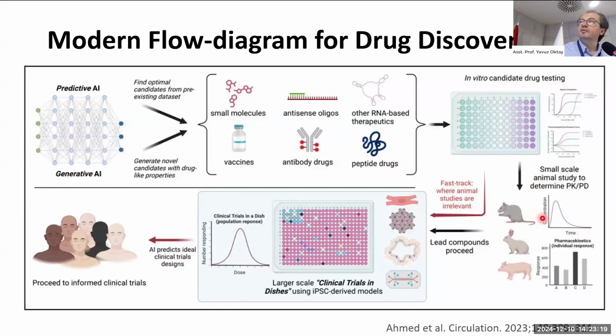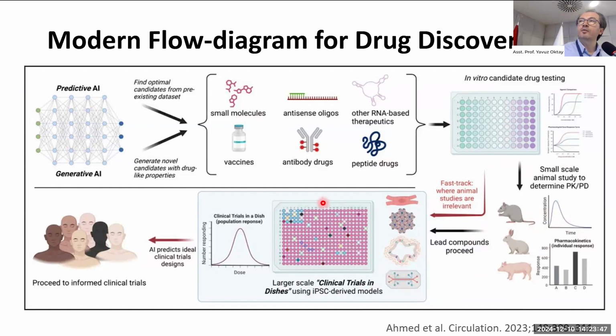We can go either to the small animals, which is the traditional way, or if fast track is possible, when animal studies are not relevant, we can perform large-scale clinical trials in iPSCs using either organoids or organ on a chip or organoid on a chip technologies.